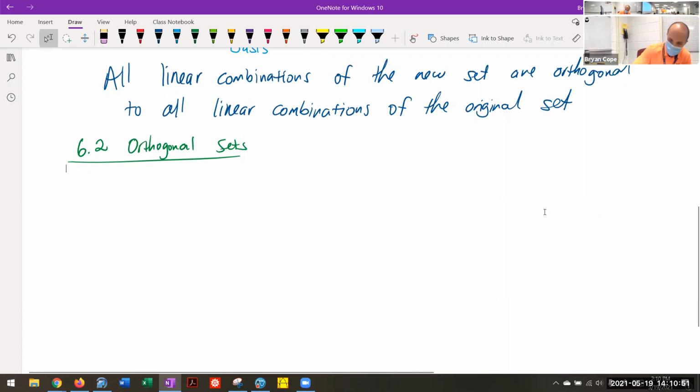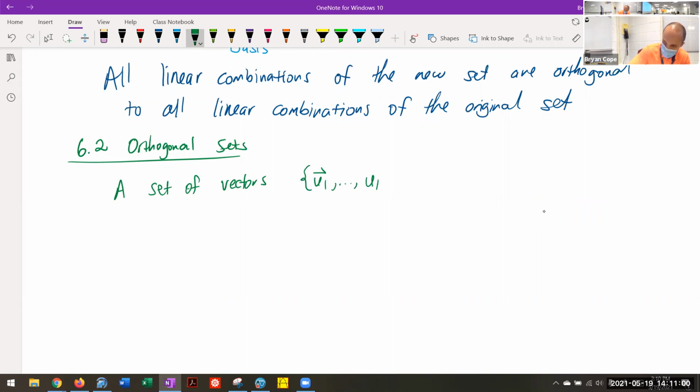Okay, so here's the definition. Ready? A set of vectors U1 to UP. So the set is arbitrarily large. That means there's P vectors in it, and those vectors exist in n space, so we're going to say in Rn.